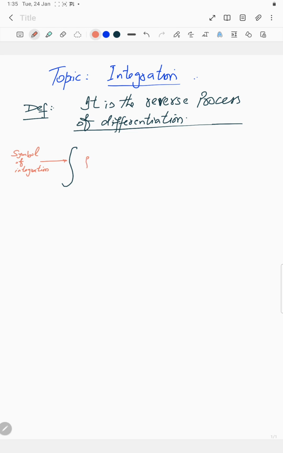If the function is f of x, then its differential is d of x. This f of x function which we are going to integrate is called the integrand, and this dx is called the differential.